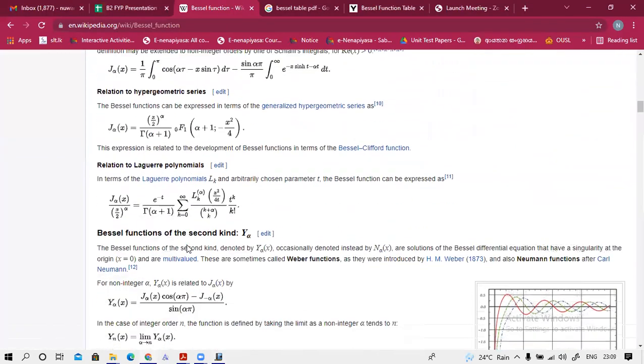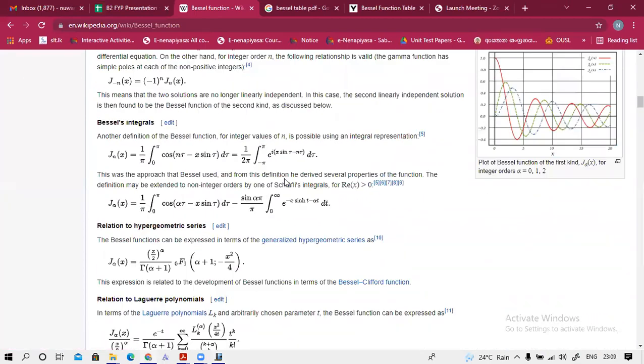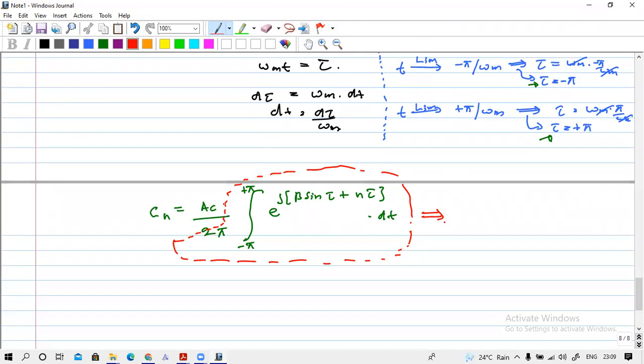You can see that 1 by 2 pi, integral from -pi to +pi, of e to the power j x sine tau minus n tau d tau. Instead of x, we have beta, and we have n also, so in our case we can write it simply as Jn beta.